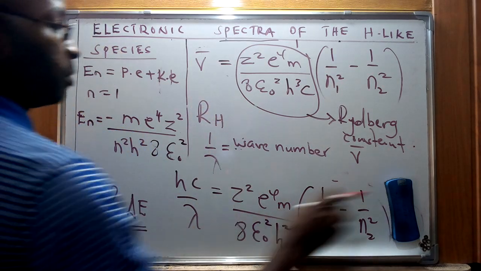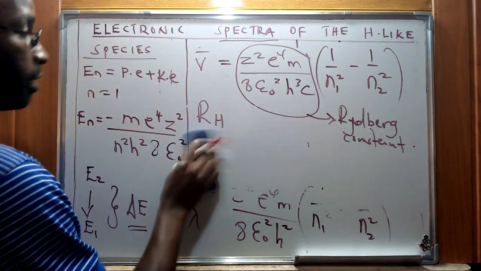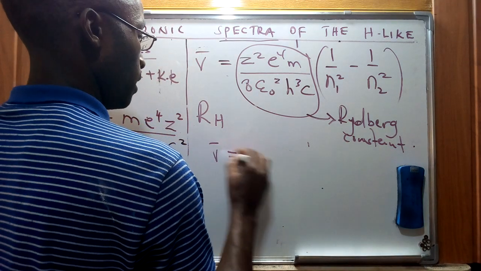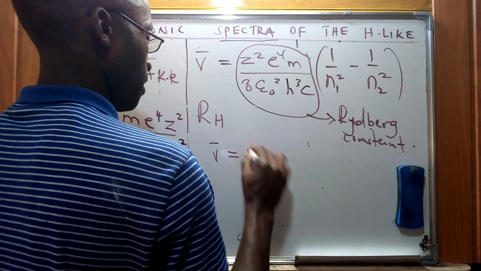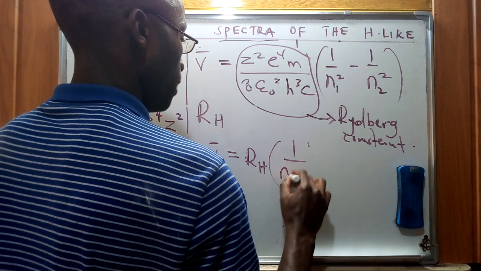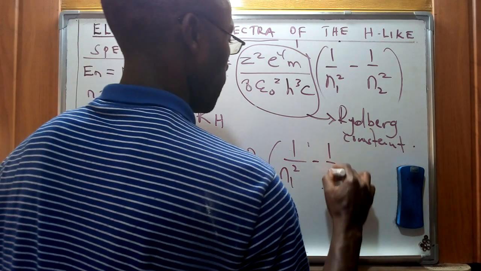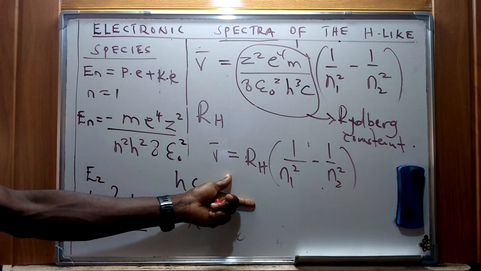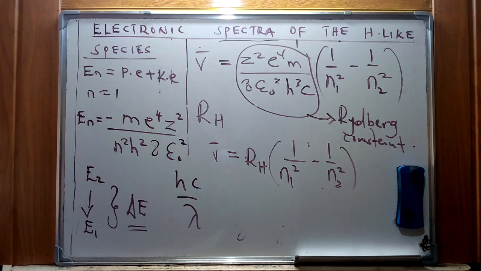So we can simplify our equation above and give it as the wave number represented as RH for hydrogen-like species, times 1 over n1 squared minus 1 over n2 squared. So this is a simplified way in which we can describe this particular wave number.